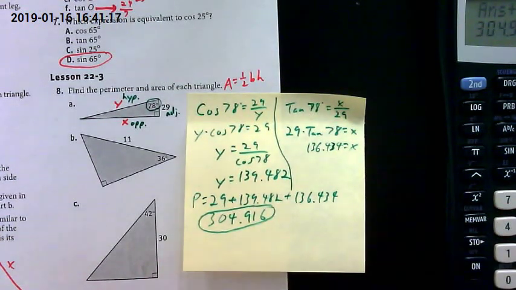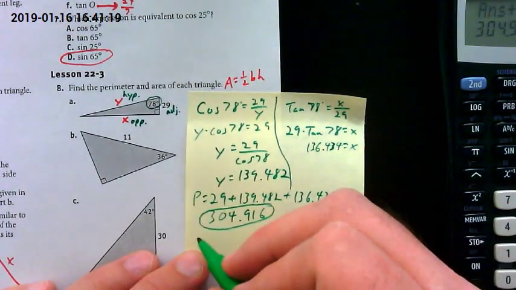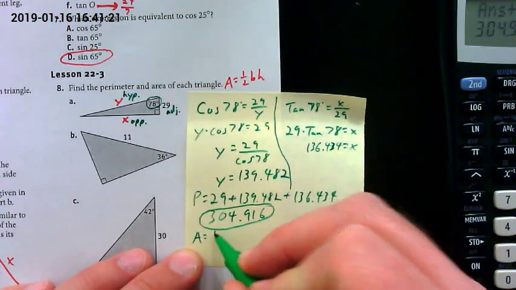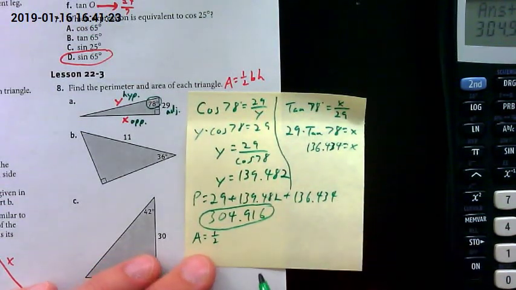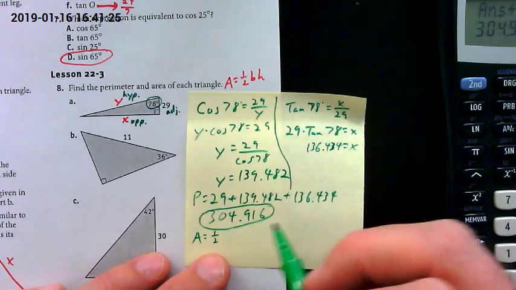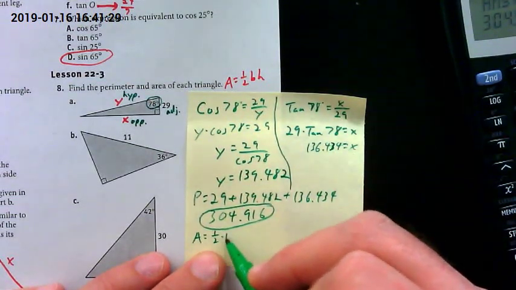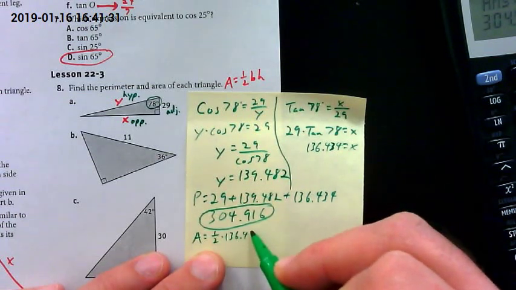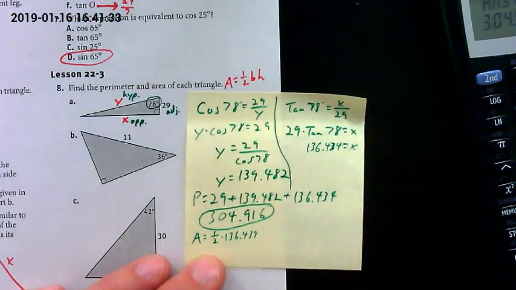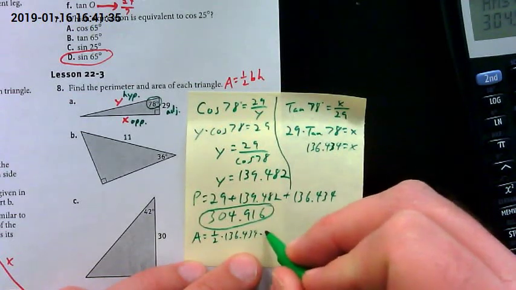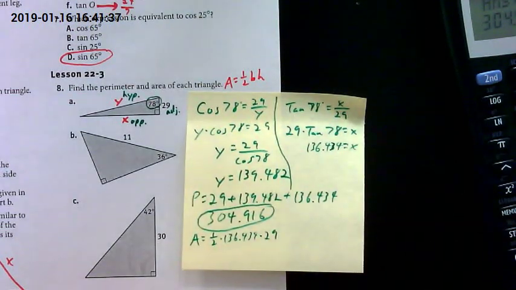The other answer is for area. Again, our area formula, 1/2 base times height. The base on this would be our opposite side, which I labeled as x. So 136.434. And the height is the 29.